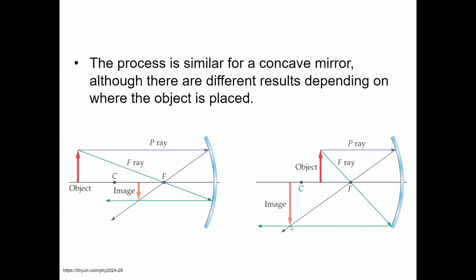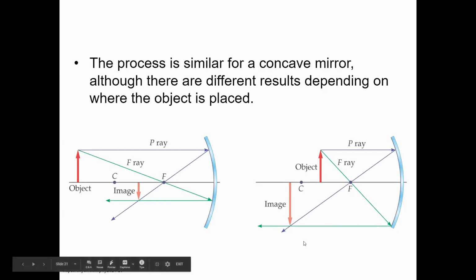Then the 2 reflected rays will meet somewhere here. In this case, you can see the image is actually larger than the object, but again inverted. And the 2 reflected rays do meet over here, so this is a real image. Again, if you put the screen over here, you should be able to capture the image.